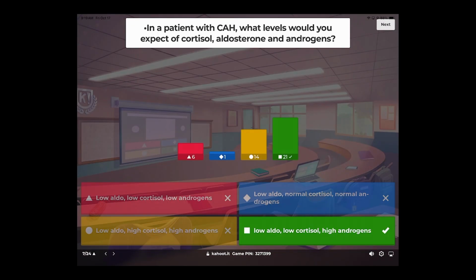Okay, low aldosterone, low cortisol, and high androgens. Remember, what enzyme is deficient? 21. You need 21 to make cortisol and aldosterone. If you don't have it, all that cholesterol gets dumped into androgens and you get high androgens.